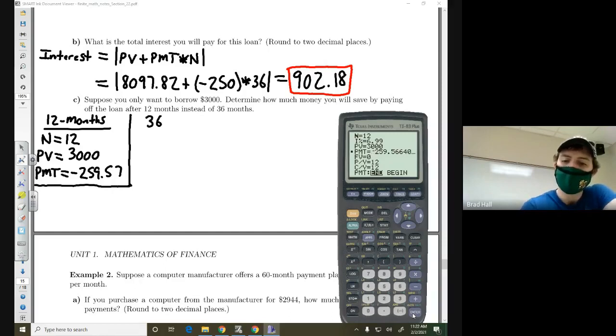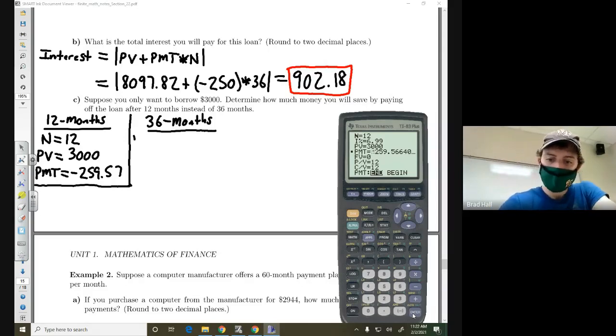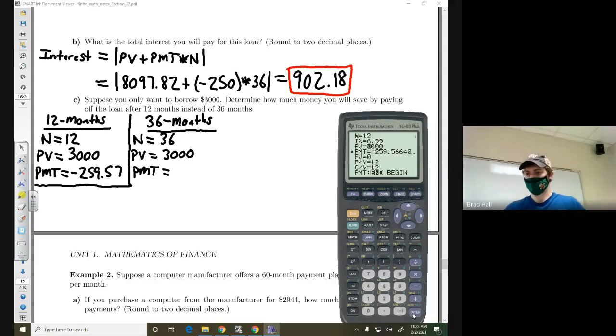And then let's compare that to if I were to have paid off over the course of 36 months. So 36 would be the new N, PV would be the exact same. And how much would I pay a month is the new question, because that's going to change. If I change N to 36, how much would I be paying each month?